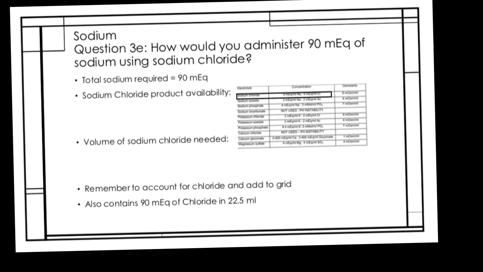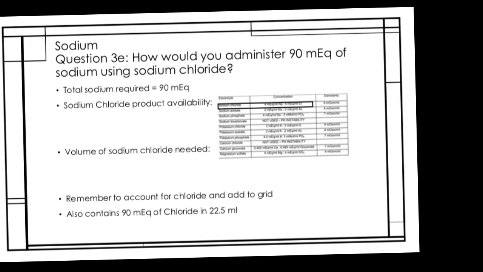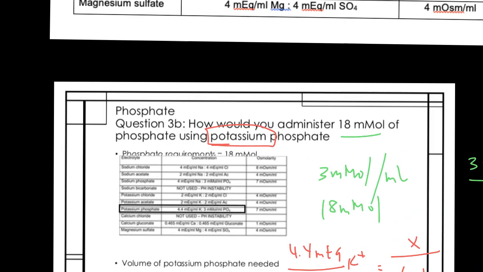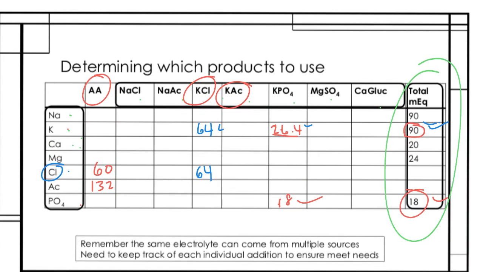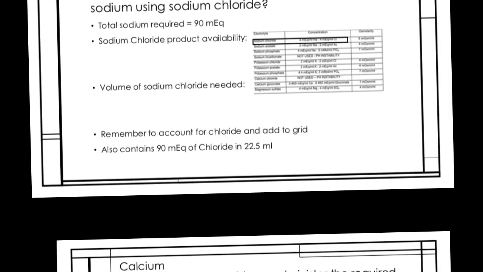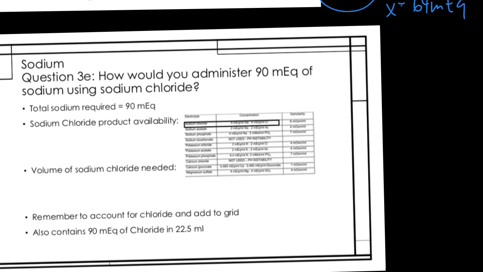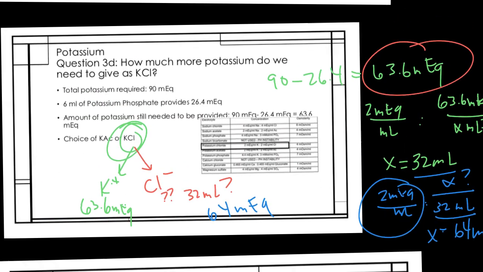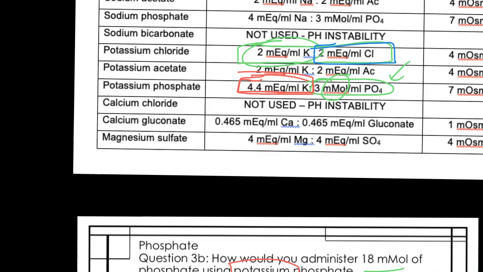How would you administer 90 milliequivalents of sodium using sodium chloride? How much sodium do we need? We need 90 milliequivalents of sodium. 90 is the magic number. You want to give it as sodium chloride, so it's asking how much sodium we need using sodium chloride.